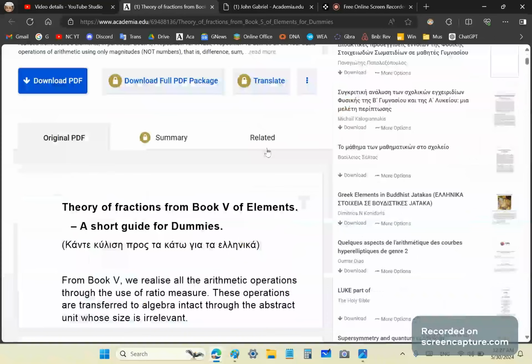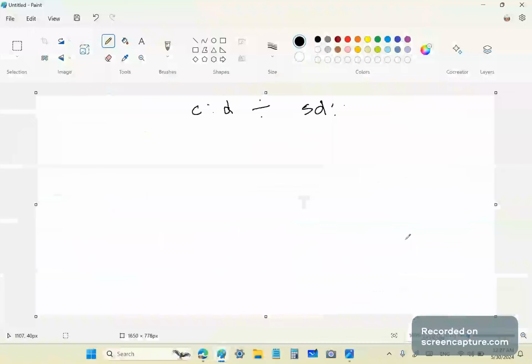So if we do arithmetic in geometry, let's say we want to have the ratio circumference to diameter divided by square diagonal to square side.